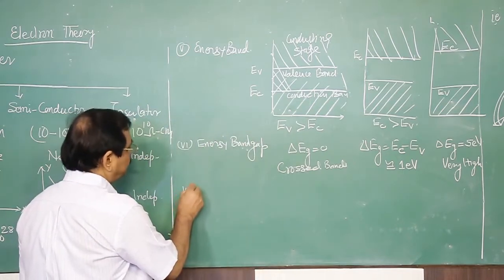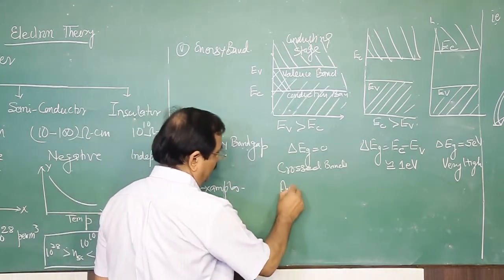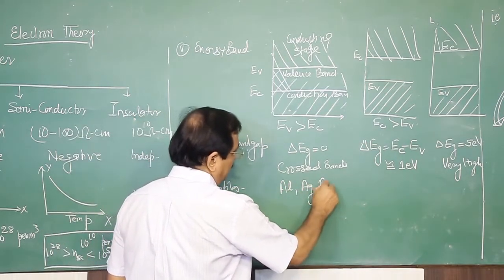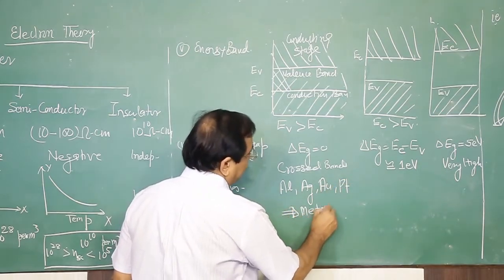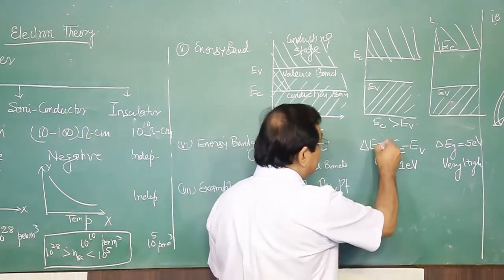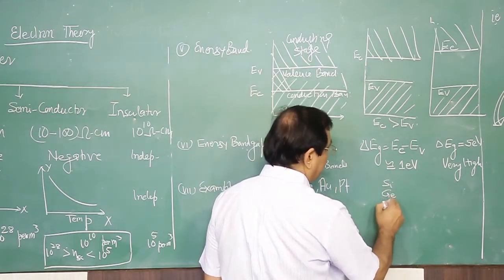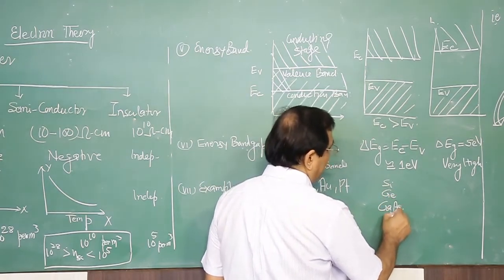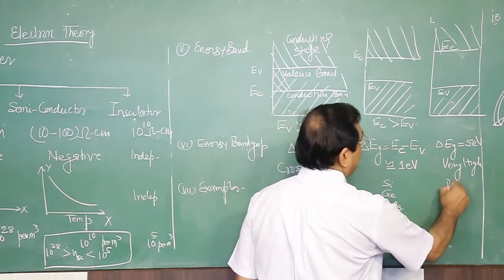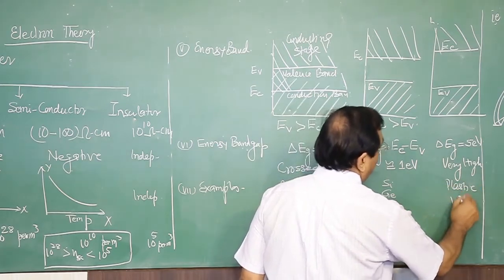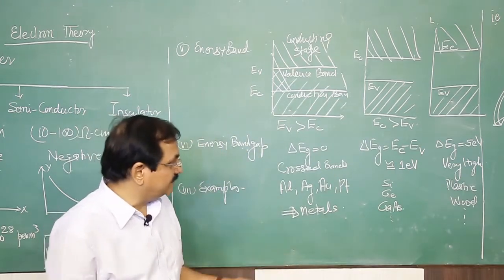And the examples are here: aluminum, silver, gold, platinum. So, all the metals are good conductors. In case of semiconductors, there is silicon, germanium and alloys, say gallium arsenide, and some organometallics can also be there. In case of insulators, plastic, wood and other materials are the examples.